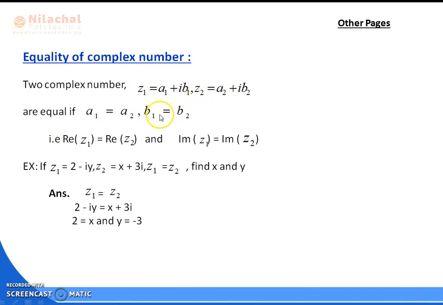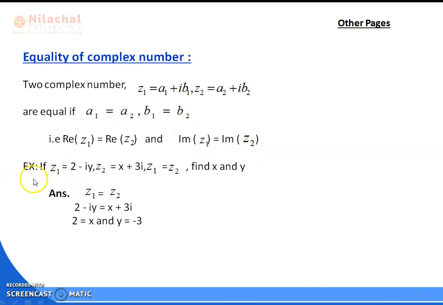Similarly for Z2, a2 is the real part and the imaginary part is b2. If both are equal, the condition is their real part must be equal and their imaginary part must be equal. So a1 equals a2 and b1 equals b2. Then you can say both complex numbers are equal. That is, Re(z1) equals Re(z2) and Im(z1) equals Im(z2).